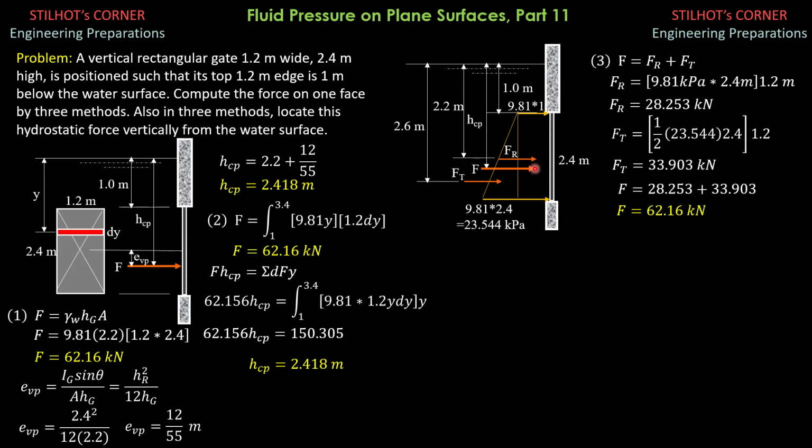The components of F are F_R and F_T. So 62.156 h_cp equals F_R 28.253 times 2.2 plus F of triangle 33.903 times 2.6. So solving for h_cp, h_cp is indeed 2.418 meters. So that's it for this video.